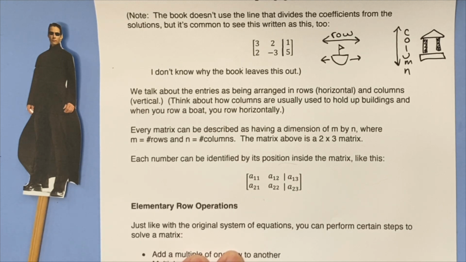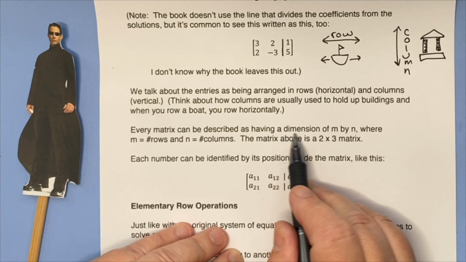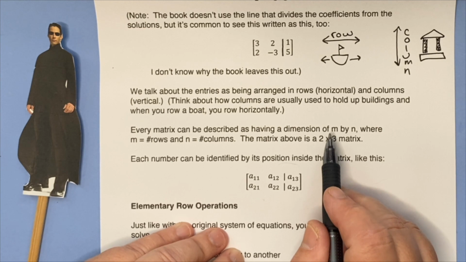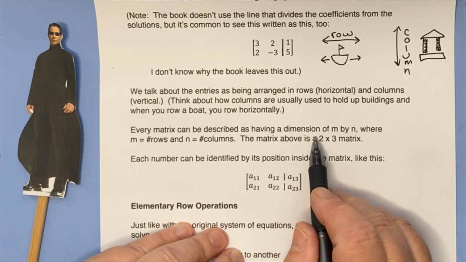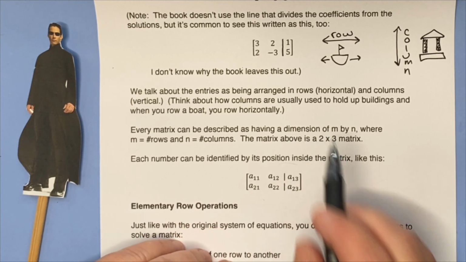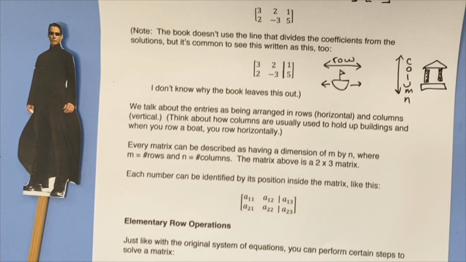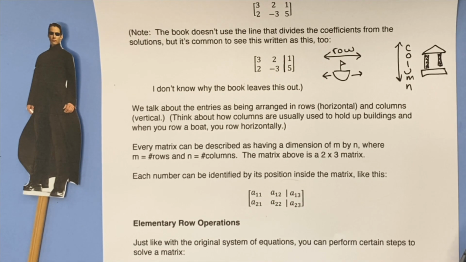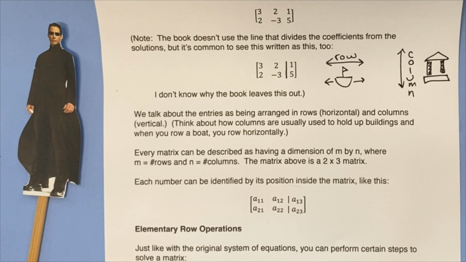In addition to this, we're going to talk about the dimension of a matrix. That's basically the size. Effectively, matrices are about to be considered kind of like really big numbers. We're going to start doing algebra with matrices. It's very exciting.